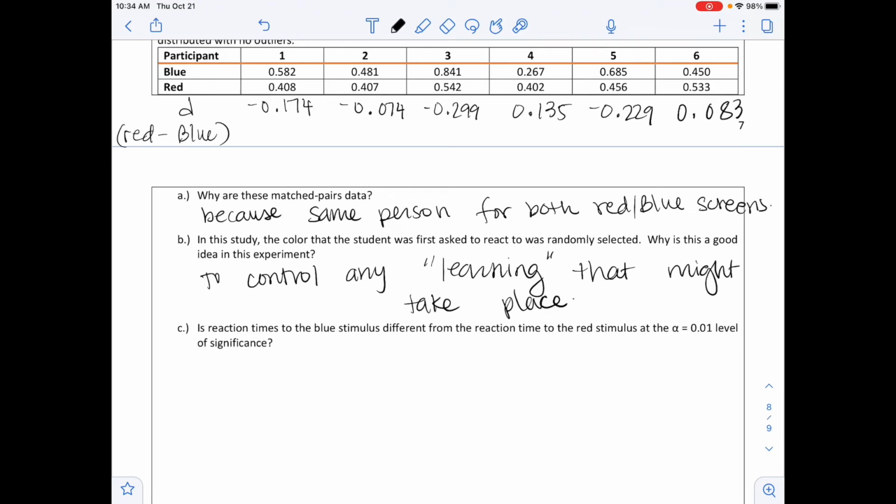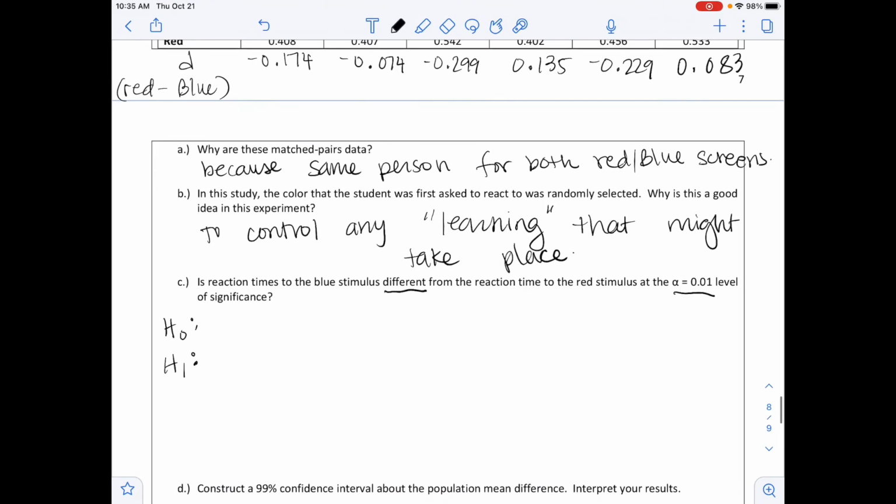Part C says, is reaction time to the blue stimulus different from the reaction time to the red stimulus at an alpha equals 0.01 level of significance? And again, different is the key word in here. And so we are testing, so we need to write down our null and our alternative. We are testing reaction times, so this is going to be mean. We said that it was dependent data.